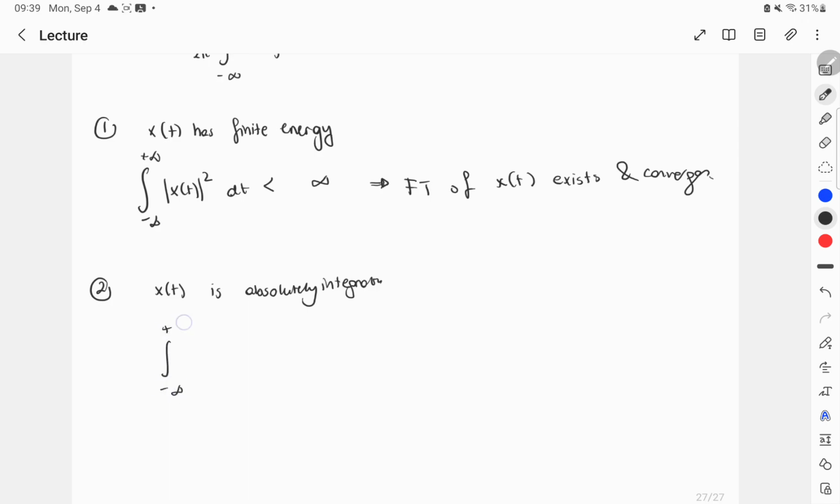So what I mean is, when we integrate from minus infinity to infinity, the absolute value of x(t), and it is smaller than infinity, then the Fourier transform of x(t) exists and converges. That's it.